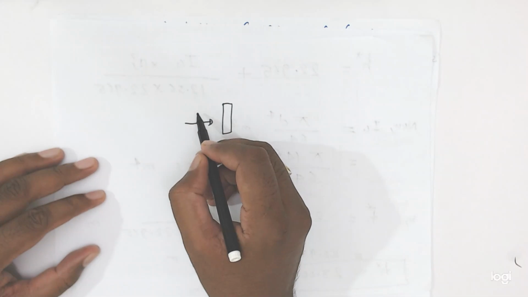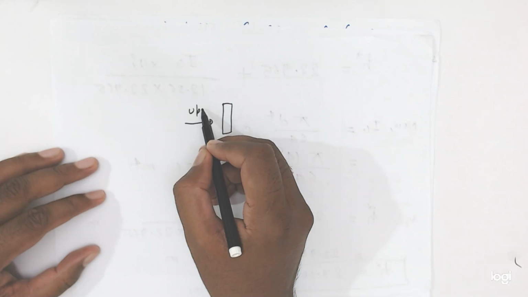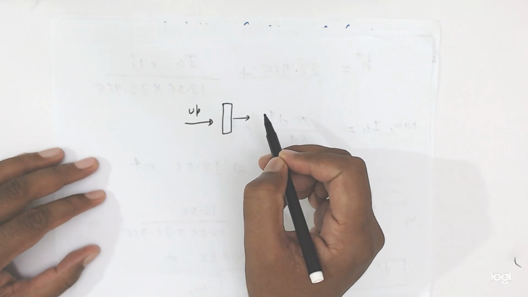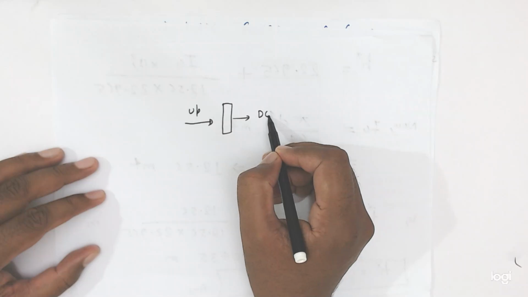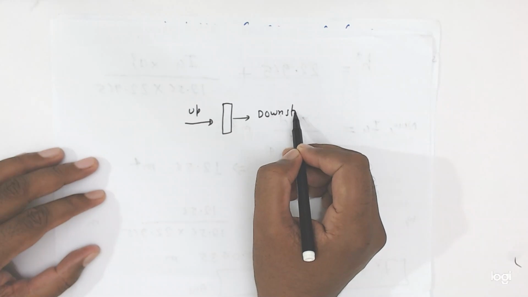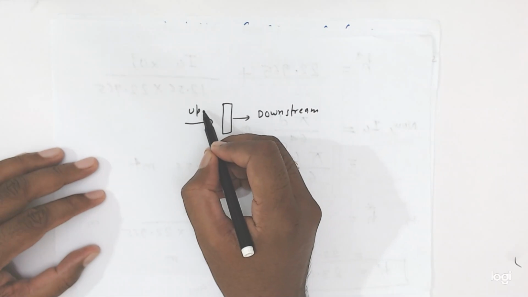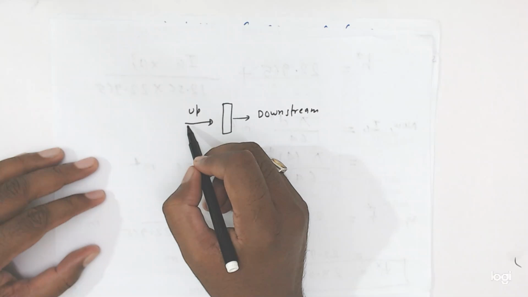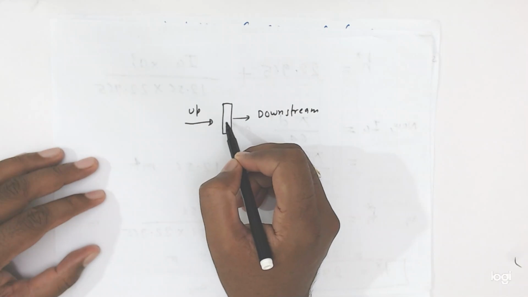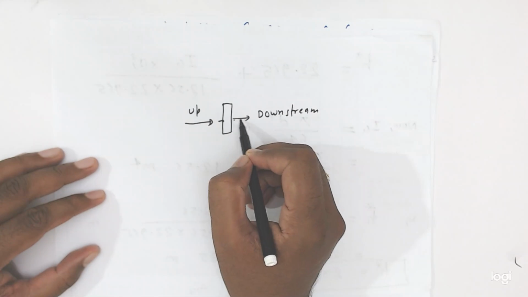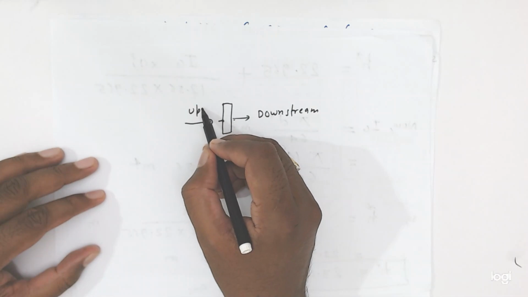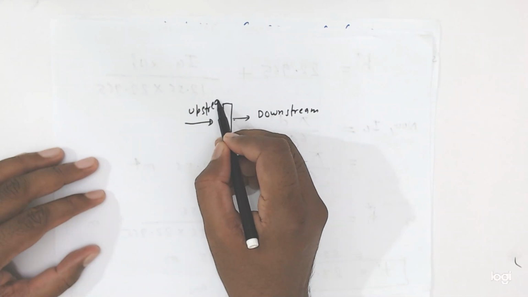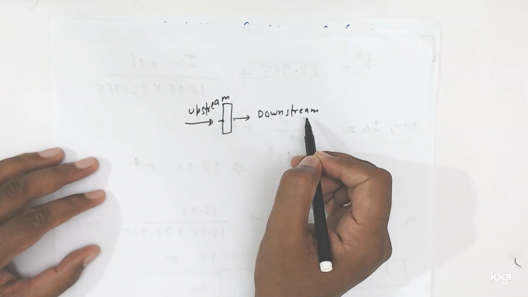So फ्रेंड्स क्या होगा, दिस इज अप स्ट्रीम होगा और इधर से अगर बाहर जाएगा तो ये डाउन स्ट्रीम हो जाएगा, क्योंकि जो लिक्विड है इस डायरेक्शन से इंटर करेगा एंड इस डायरेक्शन से आउट होगा। This is upstream and this is downstream.